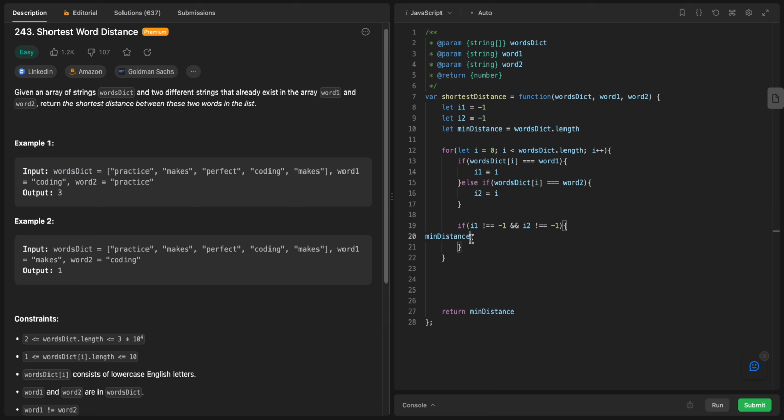So min distance will equal Math.min of min distance and Math.abs, because we want the absolute value, of I1 minus I2, and I guess that's it.